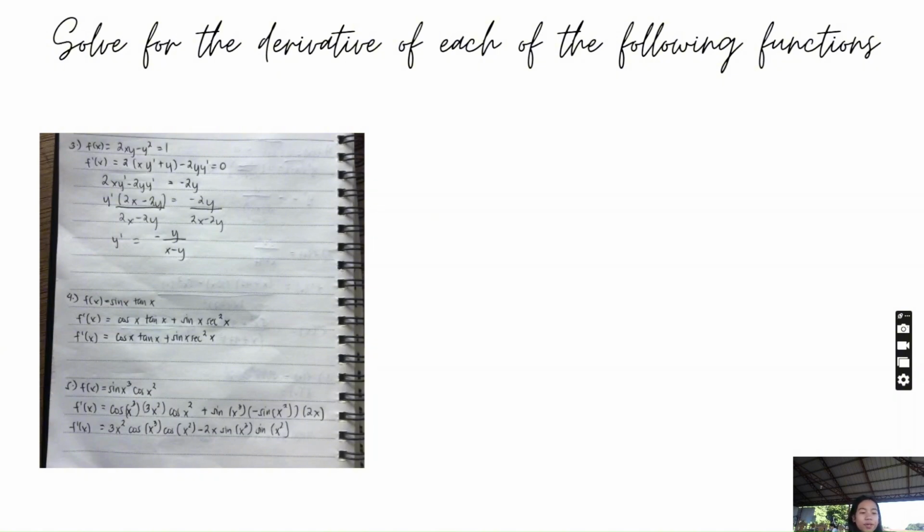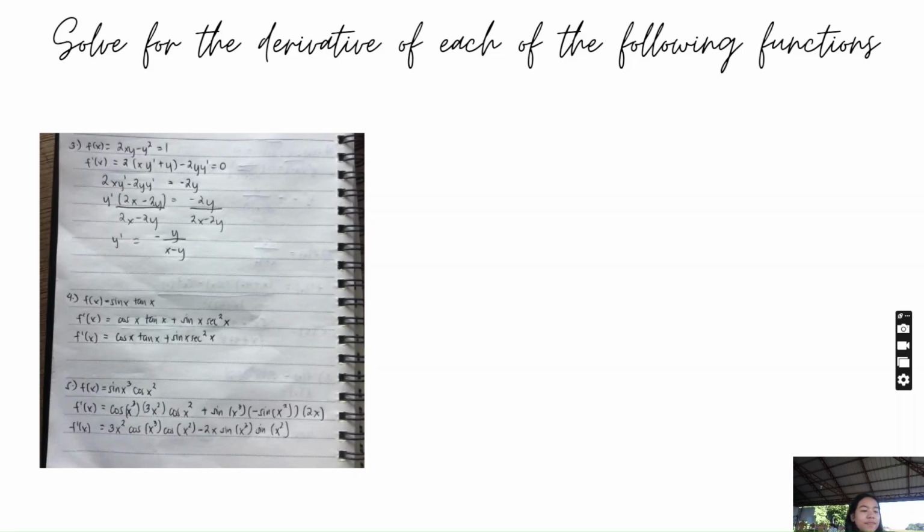Moving on to number 4, we are given f of x equals sine x tan x. So this is simply applying the product rule again. So by applying the product rule, we have obtained f prime of x equals cos x tan x plus sine x sec squared x.